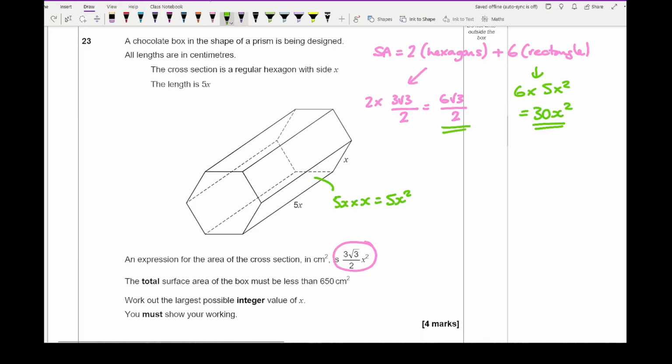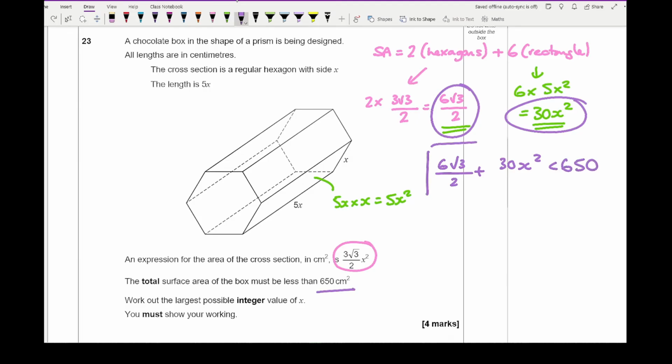So to work out the surface area, what I need to do is just add this and this together. So I've got 6 root 3 over 2 x squared plus 30x squared. And that has got to be less, as it says, than 650.